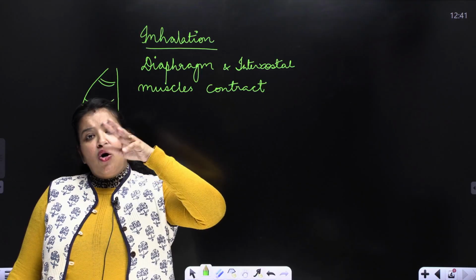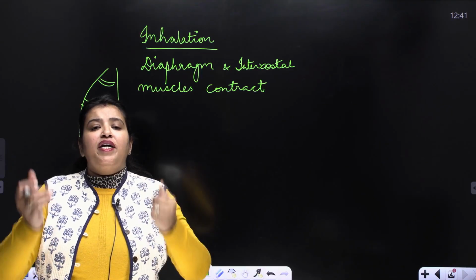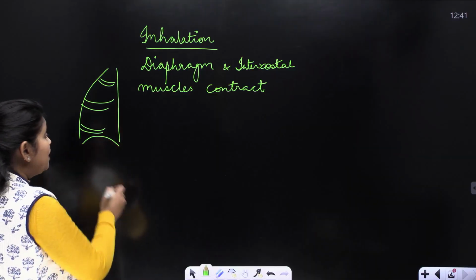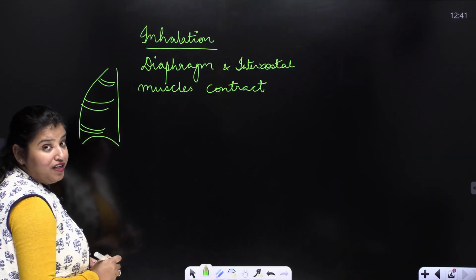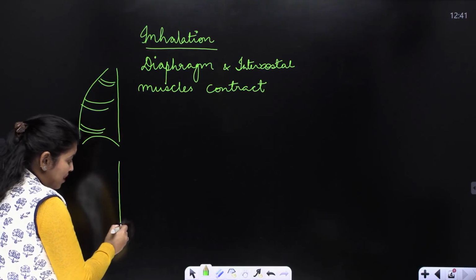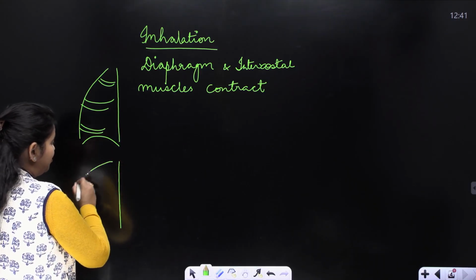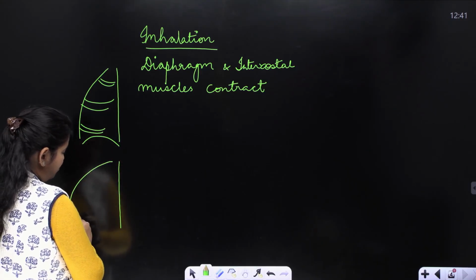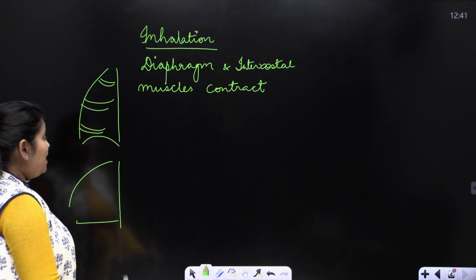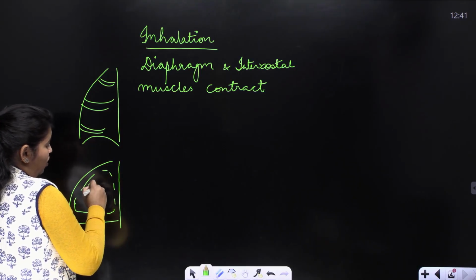And the intercostal muscles contract, causing the rib cage to be lifted outward and upward. So this was the initial position before inhalation. And when the person inhales, the rib cage moves upwards and outwards and the diaphragm becomes flattened, increasing the thoracic volume.